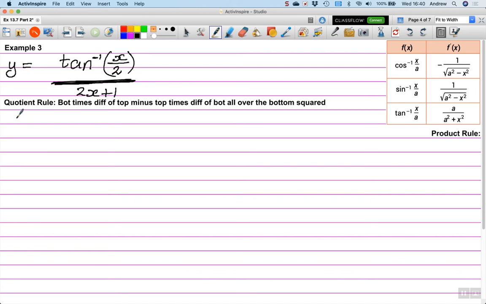We will just write it out as dy over dx is equal to the bottom times the differential of the top minus the top times the differential of the bottom all over the bottom squared.